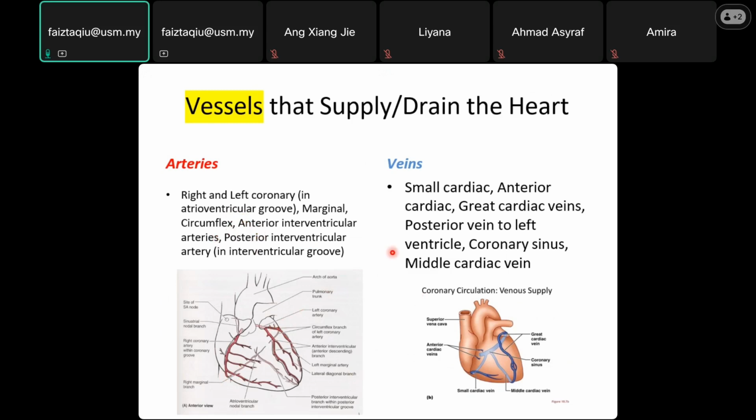For veins, there are the small cardiac veins, anterior cardiac veins, great cardiac vein, posterior vein of the left ventricle, coronary sinus, and middle cardiac vein.